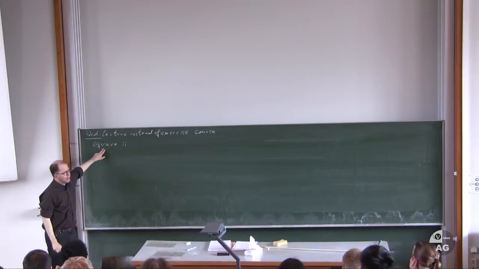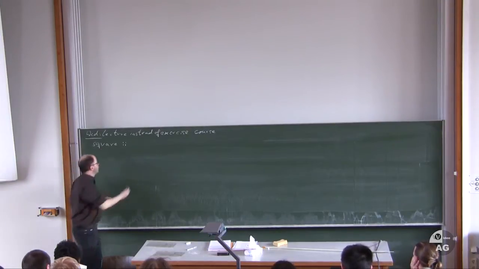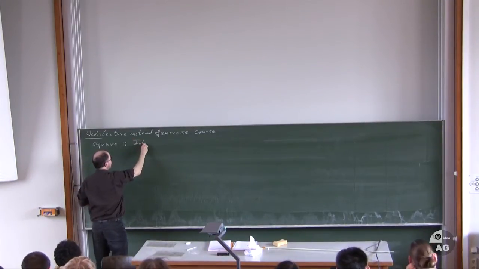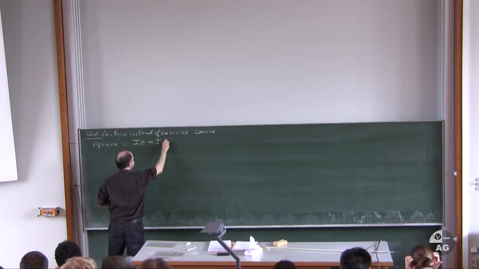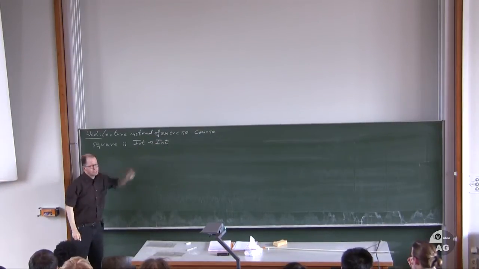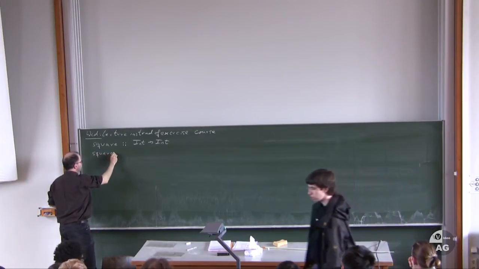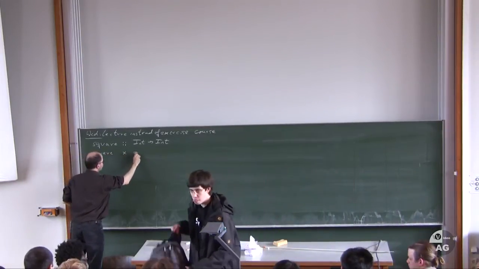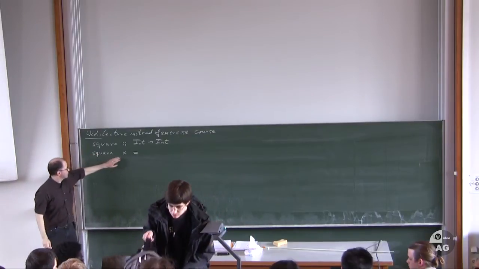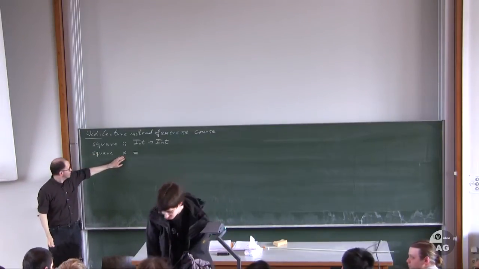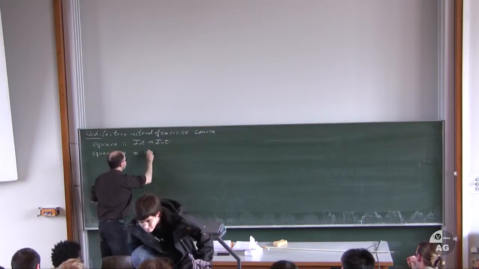We would say that square is a new variable and the variable has the type int arrow int, which means that it's a function that maps integers to integers. And here's the function declaration saying how square actually works. So square takes an argument that looks like this, some x, and it returns x times x.